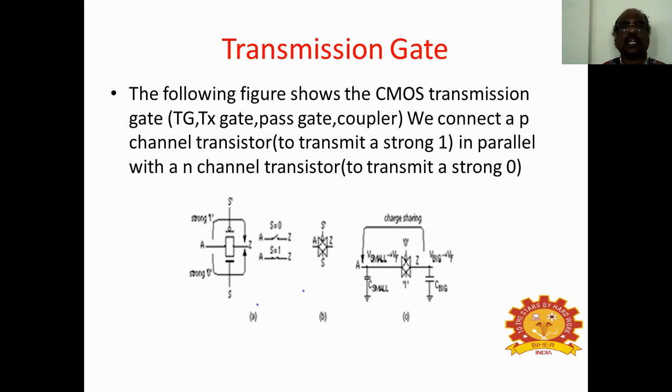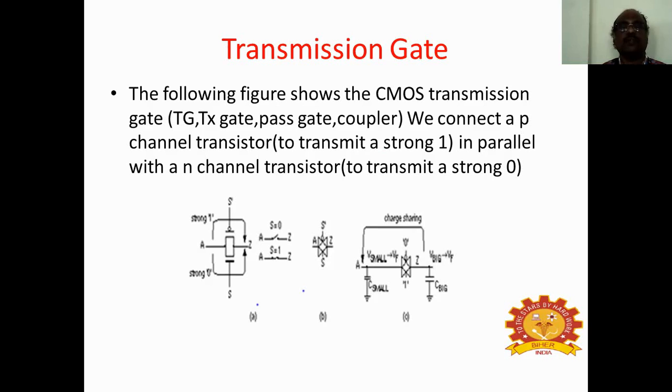Usually the N-channel transistor will pass a strong 0 and a weak 1, whereas the P-channel transistor will pass a strong 1 and a weak 0. Because of the potential drop that happens when you try to pass a logic 1 through the N-channel transistor, the output will not be a strong 1 at the output of the transmission gate.